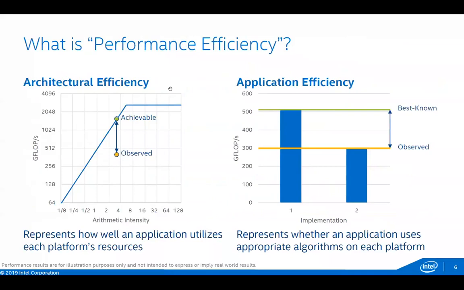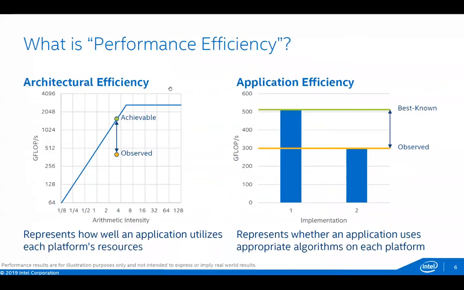And then application efficiency is slightly different. It represents whether an application uses appropriate algorithms on each platform. And rather than being a ratio to theoretical peak performance, it's a ratio to the best known performance. So this is the best performance that's been demonstrated by anybody for your application or something solving the same problem on the same platform.